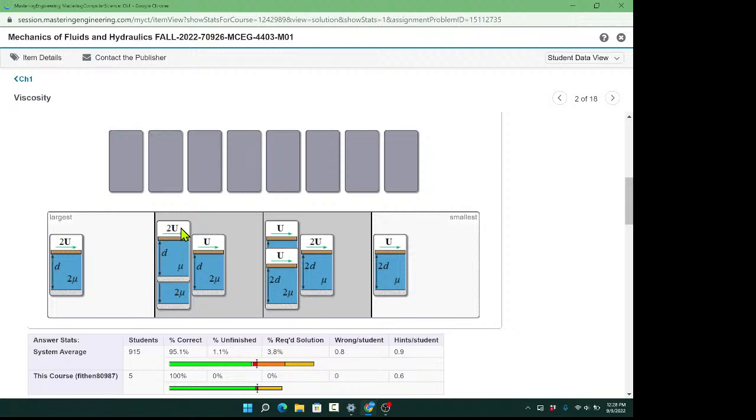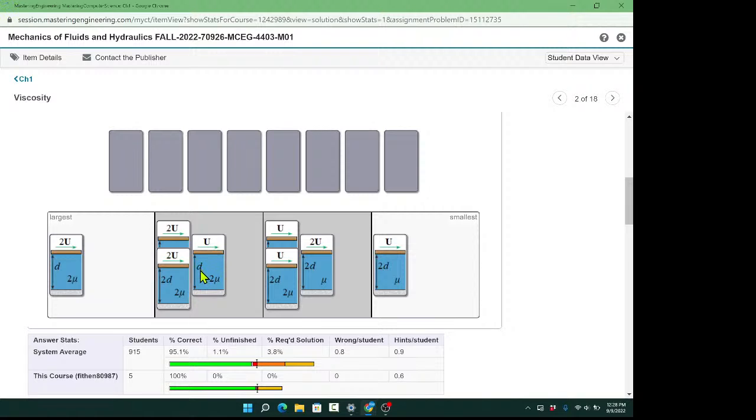Over here it's 2u divided by d times that. So this would be just 2. This one would be 2u divided by that, which will give you 2u over 2d, which will cancel, times 2. So this one and that one are equal. This one would be u over d times 2u. So that'd be 2. Hey, wait a minute. This one is going to equal those. So all these are going to be equal.